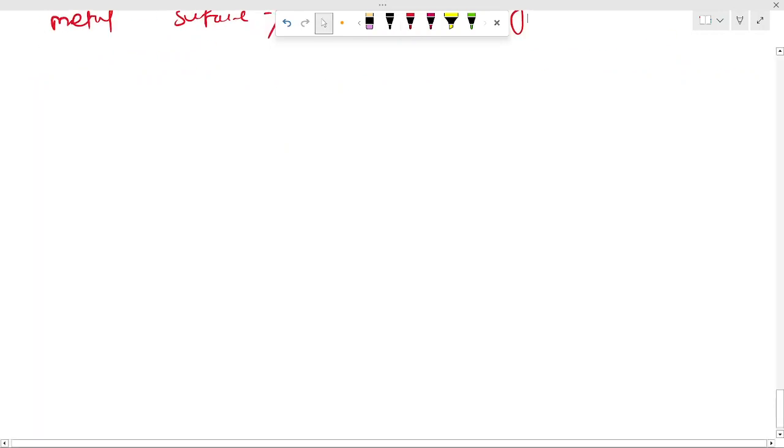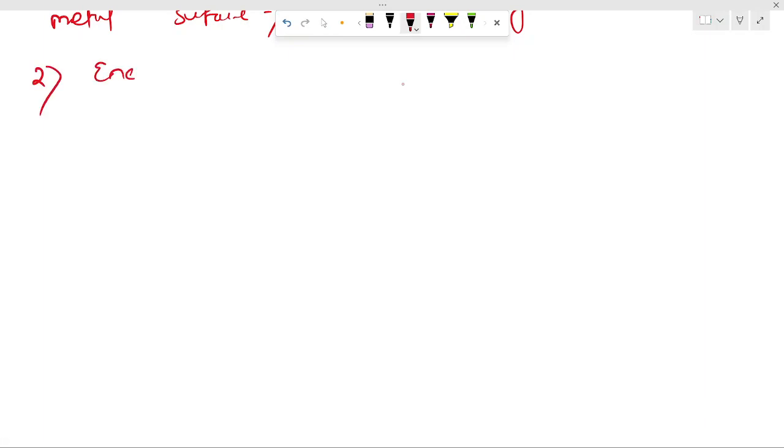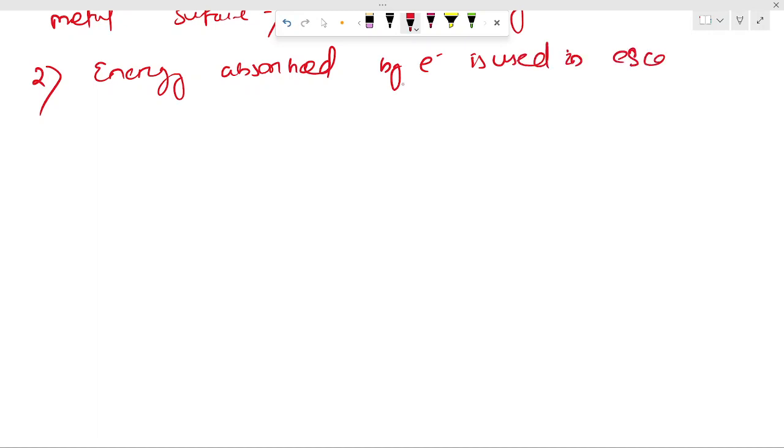Okay. And the second one is energy absorbed by electron is used in escaping from the metal surface and increasing kinetic energy.